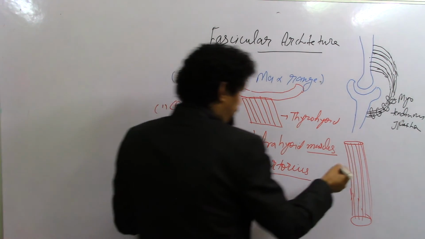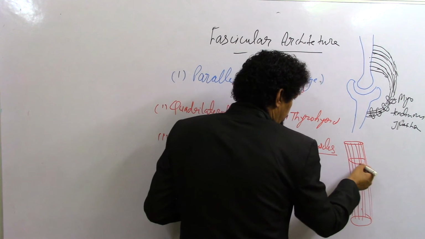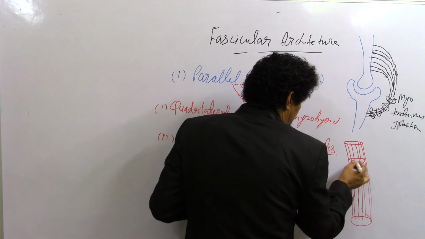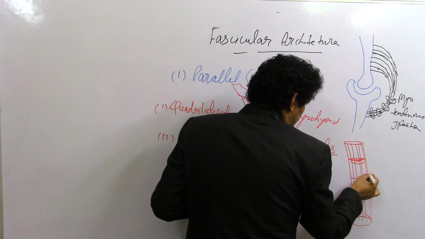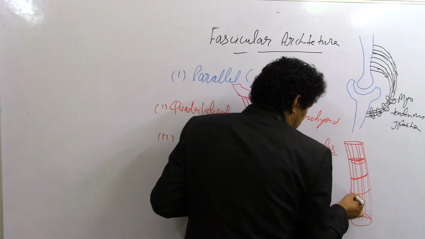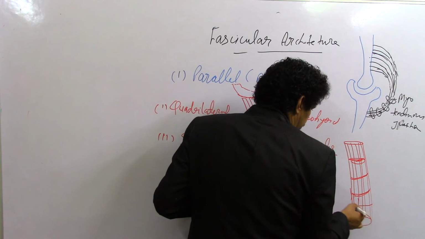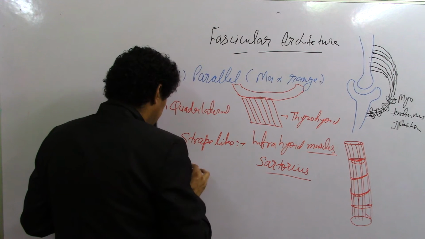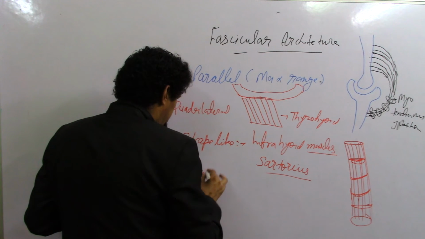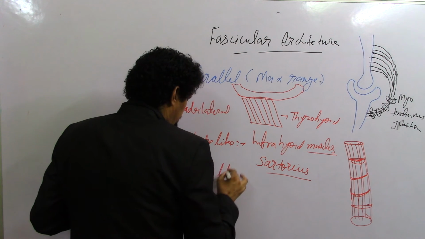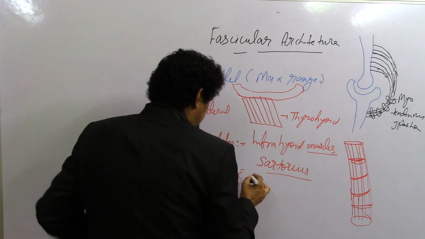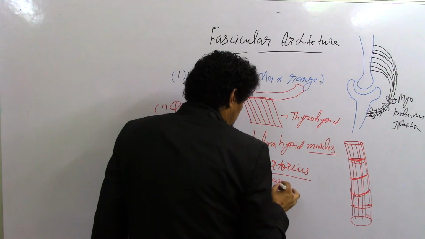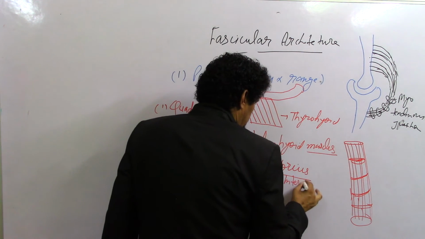The muscle is strap-like, but it has transverse tendinous intersections.